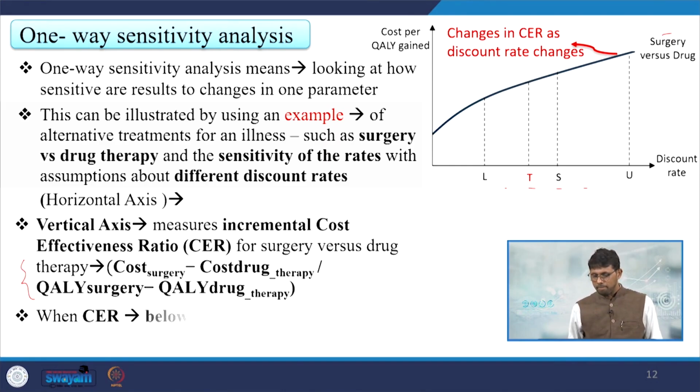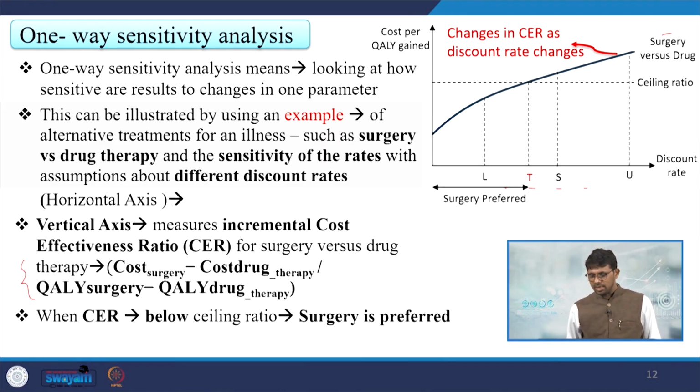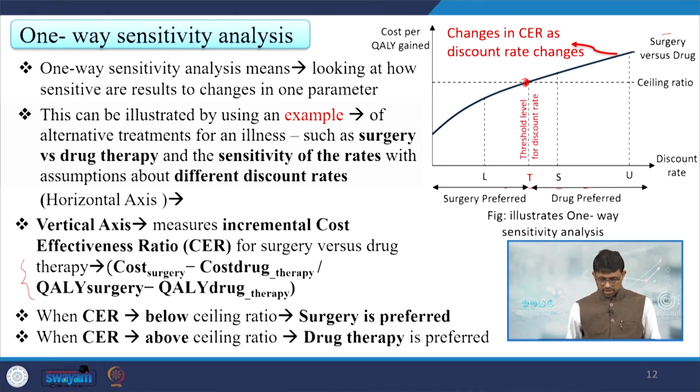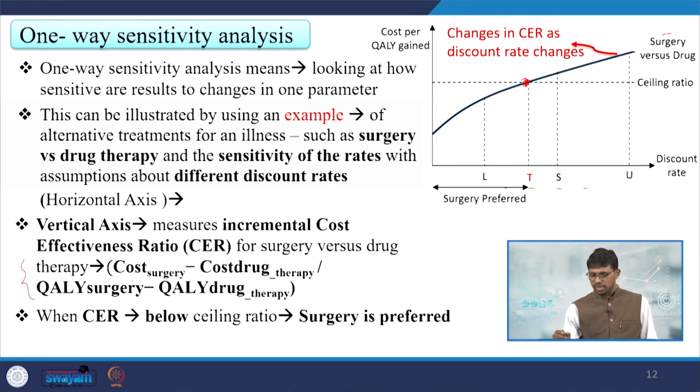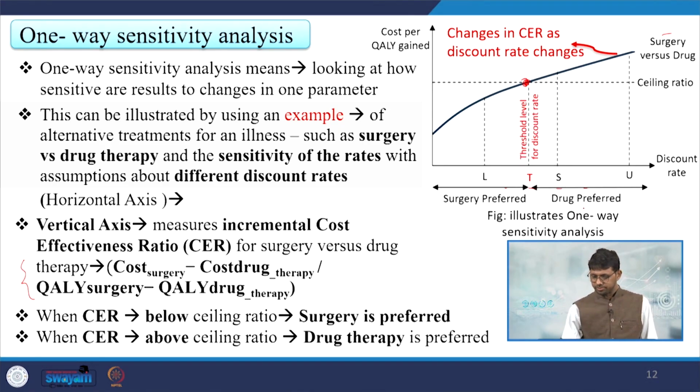You can just see, once the ICER is below the ceiling ratio, the surgery is preferred. Once it is above this, then the drug therapy is actually preferred. We have highlighted that from this onwards, it is drug therapy. And this explains one-way sensitivity analysis.